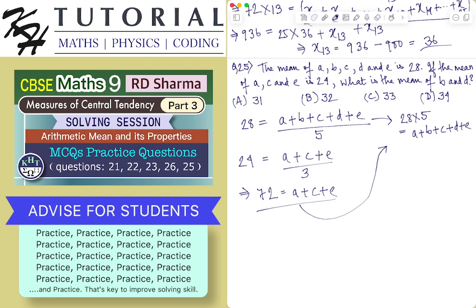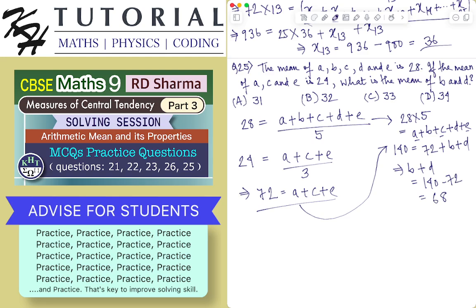So I have 140 is equal to A plus B plus C plus D plus E, but I know that A plus C plus E is 72. So I can write the right hand side as 72 plus B plus D. This implies B plus D is equal to 140 minus 72, which is equal to 68.